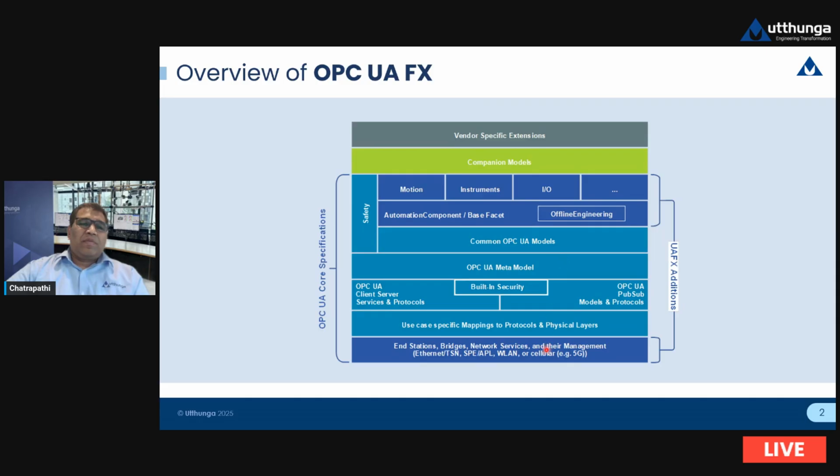And for the bottom level, for end stations, bridges, and other network components and services, extensions have been defined as well. With these extensions, OPC UA communication and information modeling can be extended further so that communication can happen between components at the field level.